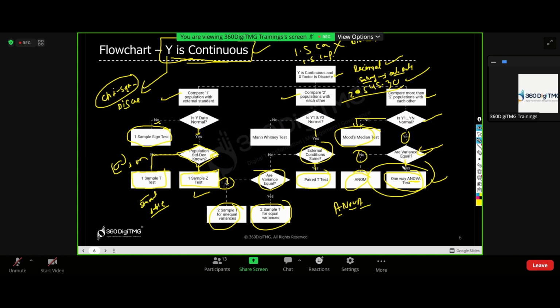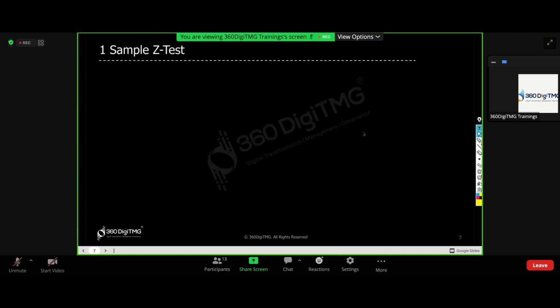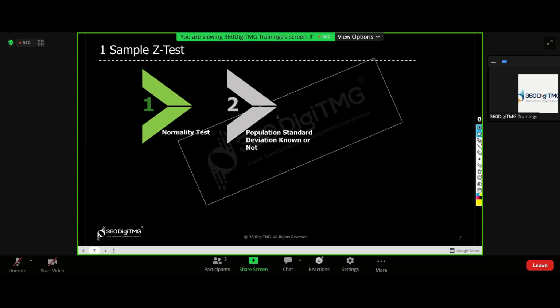Now, this is a little bit tricky, but this is something we do have. So this is the flow chart. Then you have one-sample z test. For one-sample z test, you have a normality test and the population standard deviation. You check whether it is known or not known, and then you perform the z test.